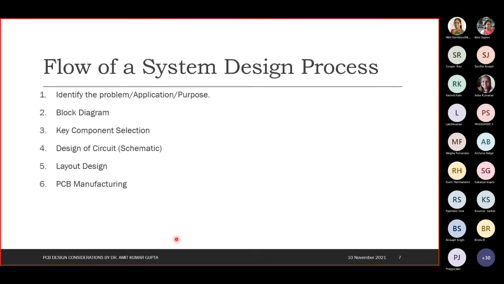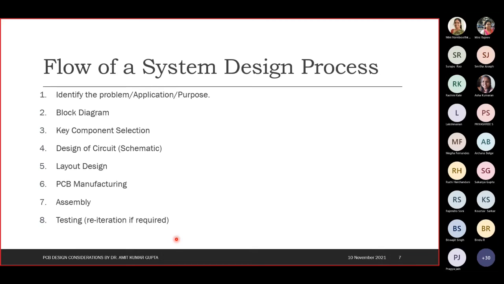Then once the design is ready on the computer, the design goes for manufacturing. Then when the bare PCB comes back from manufacturing, other components are mounted on it, the population is done. That process is generally called assembly of the PCB.